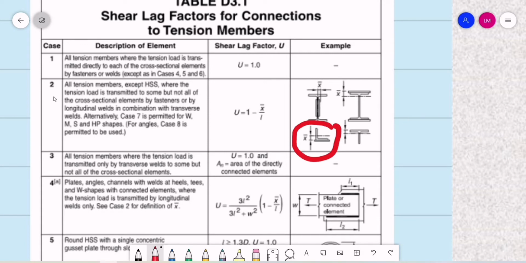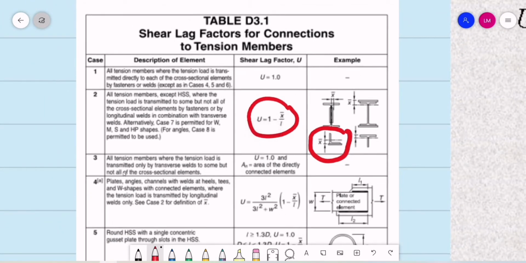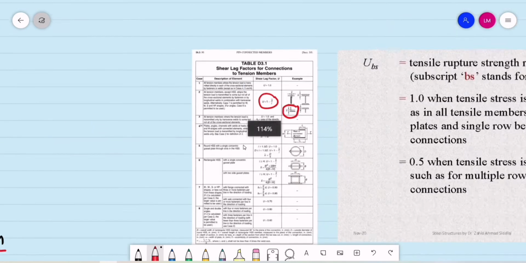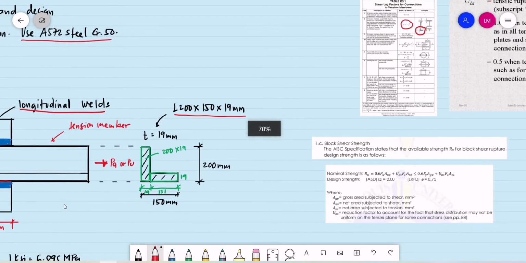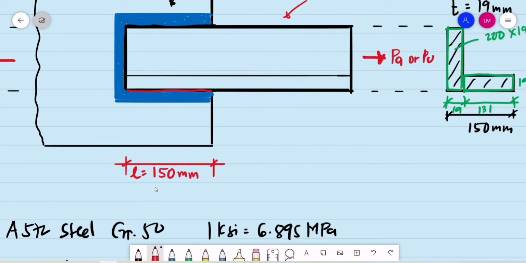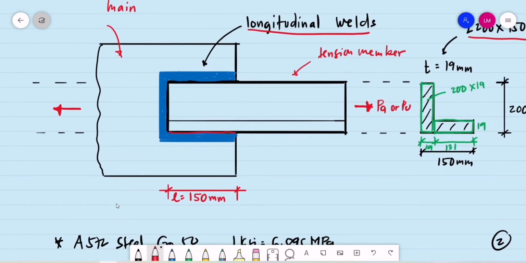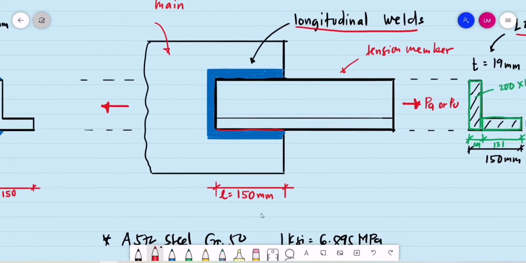So basically, the value of U will be computed using this equation. So we have the shear lag factor is equal to 1 minus the bar X divided by L. So we have L as the welded length of the tension member. That is given, 150 millimeters.